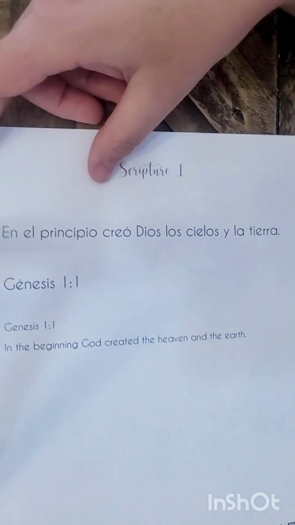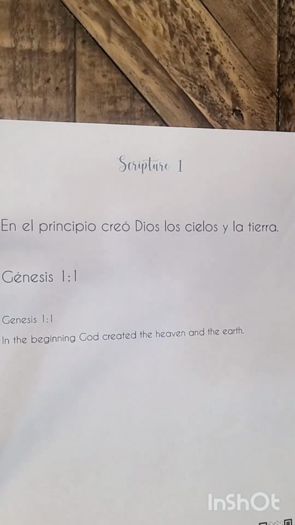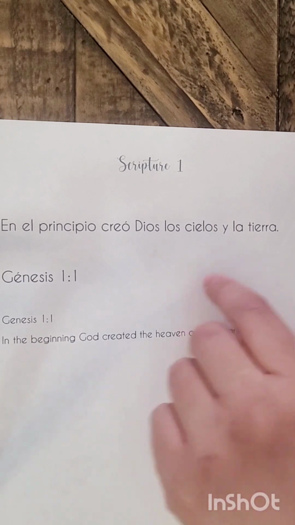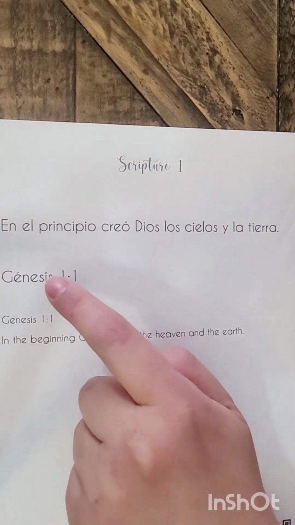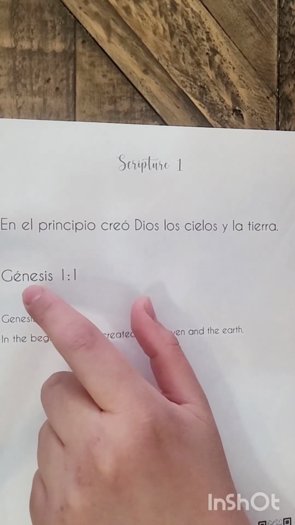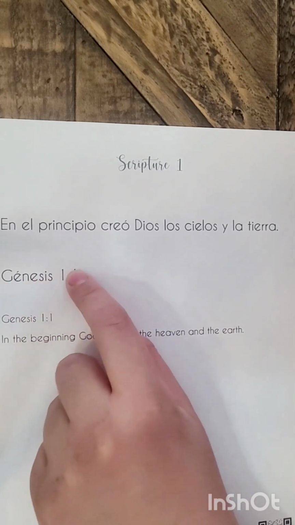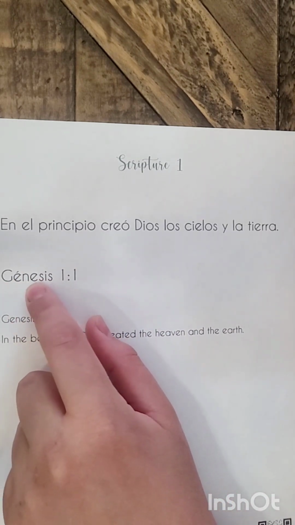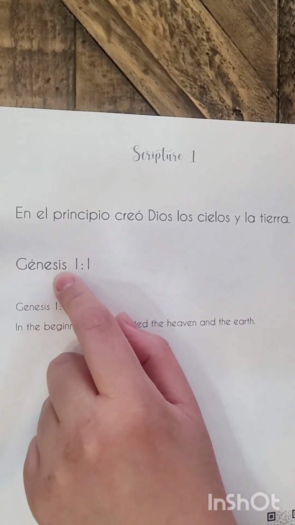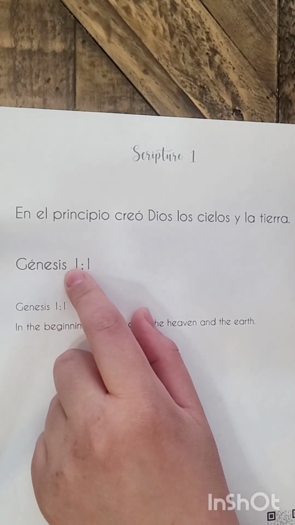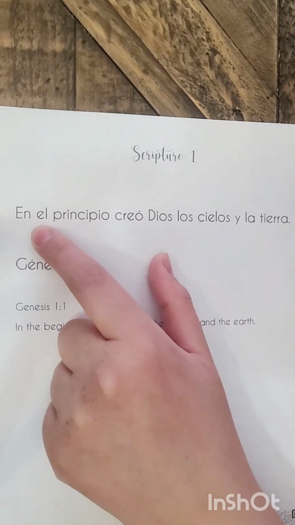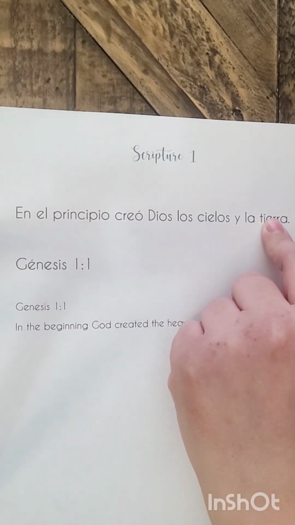And so we have the Bible verse. The Bible verse can be used in so many things. For instance, right now I'm just going to use it to have them be familiar with how to say the name of the book in Spanish. More advanced students can memorize the whole Bible verse.